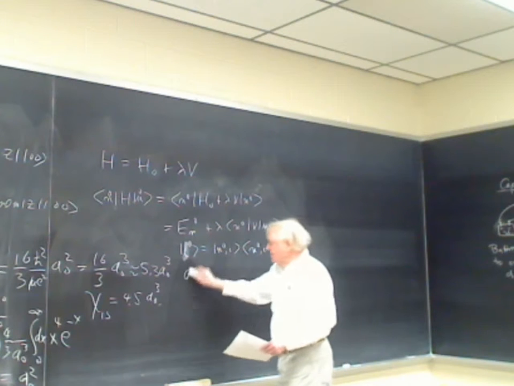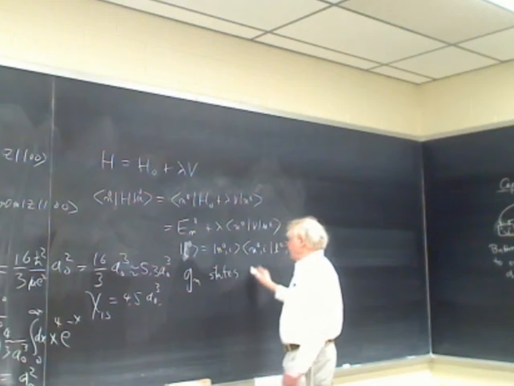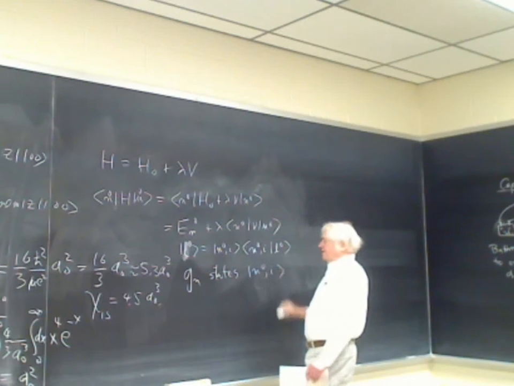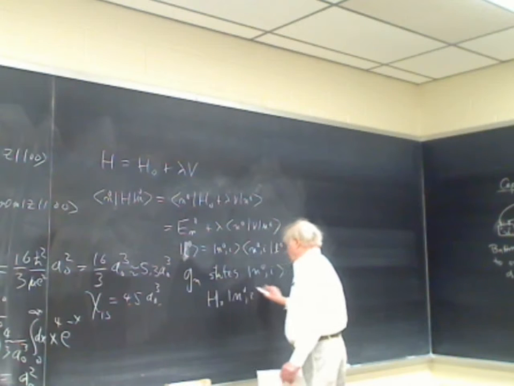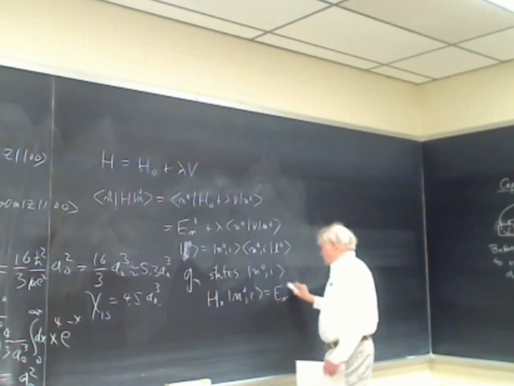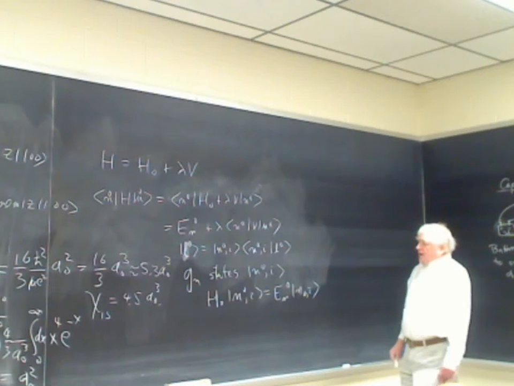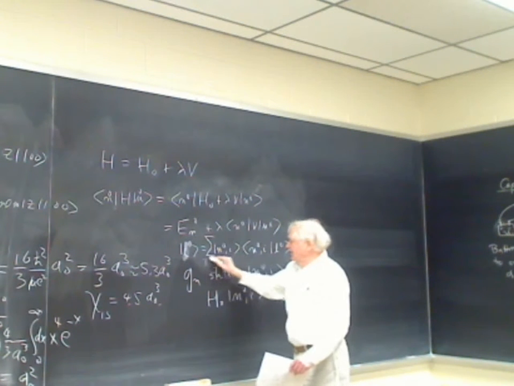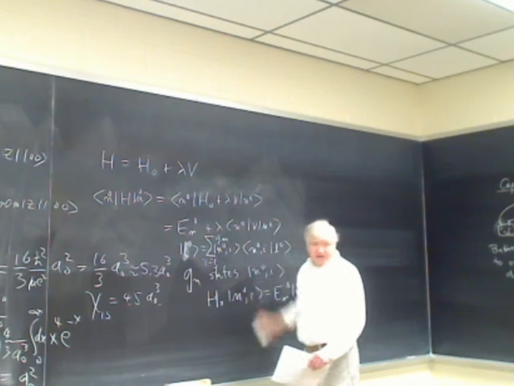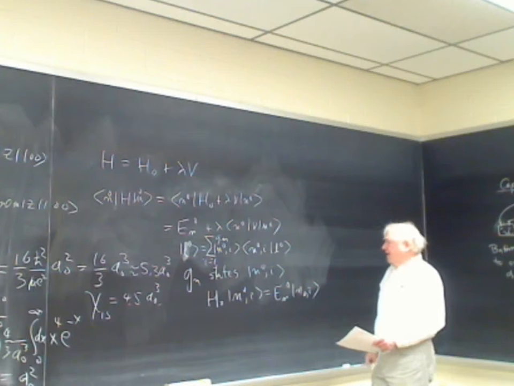In other words, we have g sub n states that are degenerate here, these n0,i, such that H0 on n0,i gives En0 times n0,i. So that's the degeneracy. And so this thing here is a sum, i equals 1 to g sub n, where g sub n is the degeneracy of the nth level.